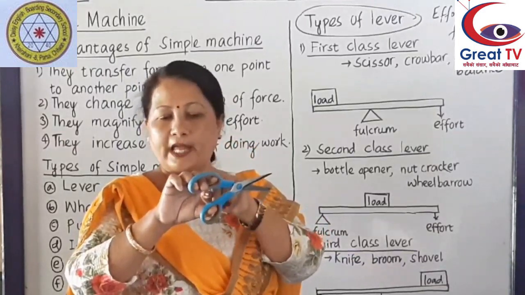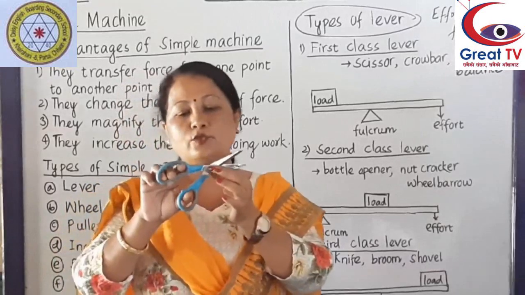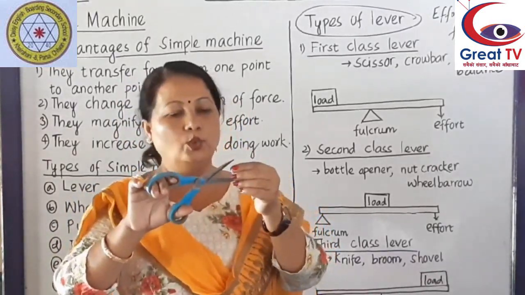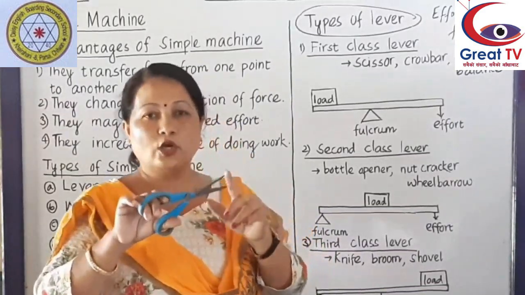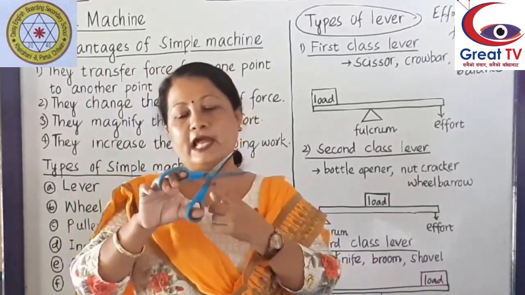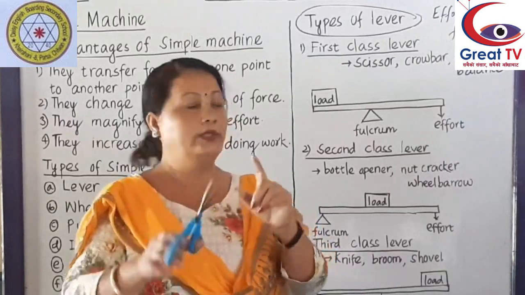The force applied on a machine is called effort, the point at which it rotates is called the fulcrum, and the work done by the machine is called load. So in a first class lever, the fulcrum lies in between effort and load.